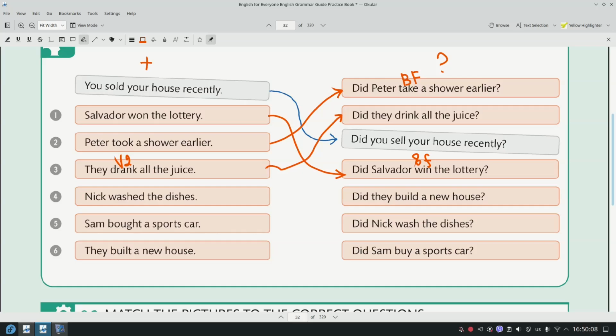Nick washed the dishes. Did Nick wash the dishes? Sam bought a sports car. Did Sam buy a sports car? They built a new house. Did they build a new house?